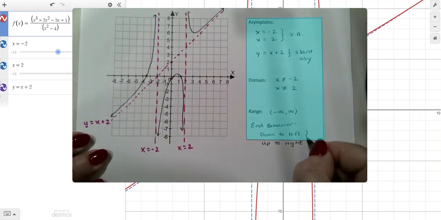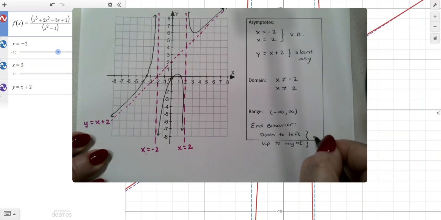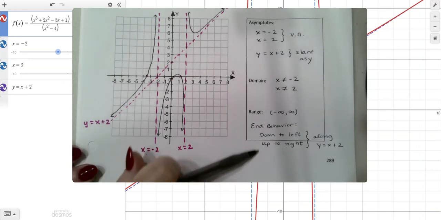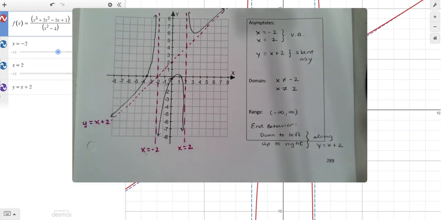Although if you want to be more specific, you could say this happens along the line y equals x plus 2. But I would be fine with just saying down to the left and up to the right in a case like this. All right, so that brings us to the end of 6.4. Again, the biggest thing here is learning to identify those asymptotes by hand. You will still need technology to help you fill in the details of this graph.